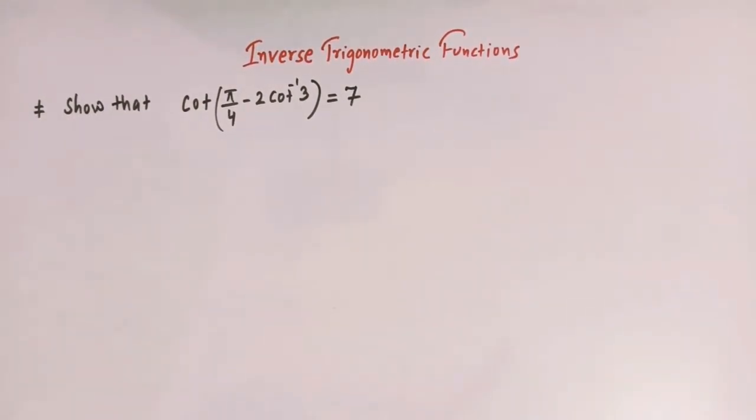Now viewers, there might be different methods to solve this problem, because in mathematics we can solve a problem by different methods, but here the method we are going to use will utilize three important results from inverse trigonometric functions.